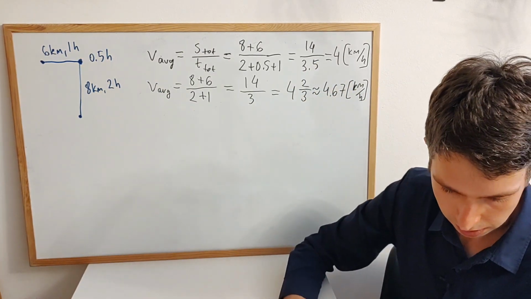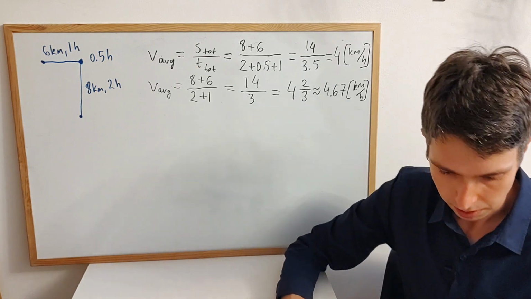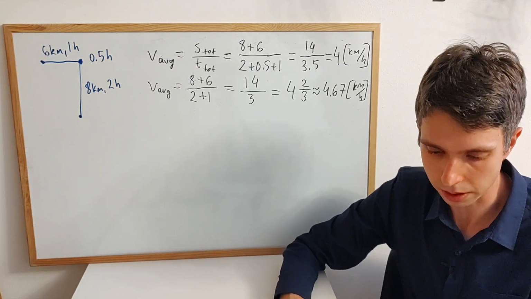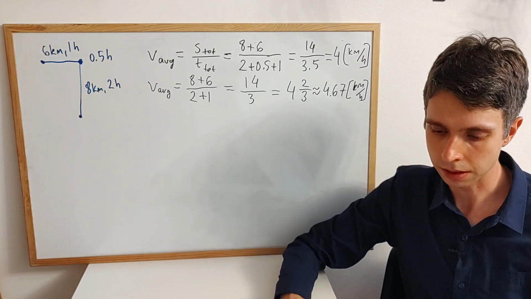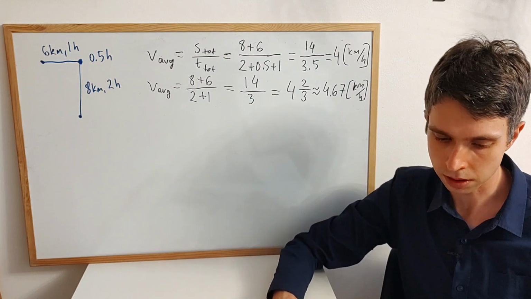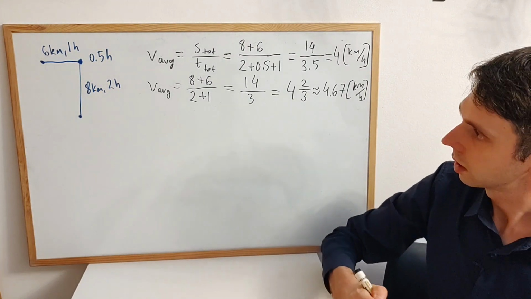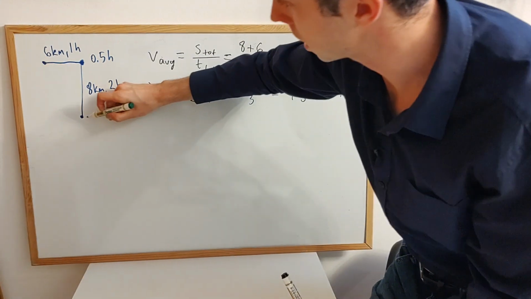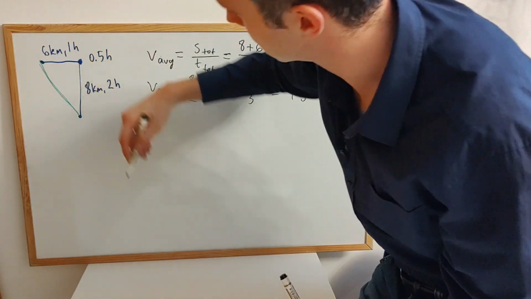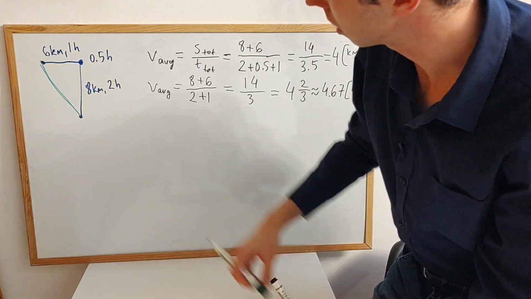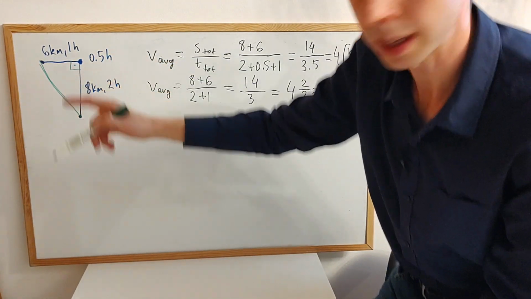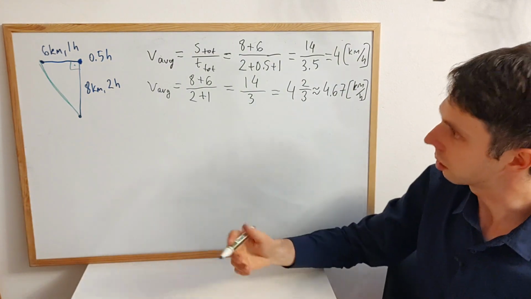And the last part of this problem: calculate how far from the starting point the tourist was at the end of the trip, measured along a straight line. If we connect the starting point and end point by a straight line, we have a triangle with a right angle here.